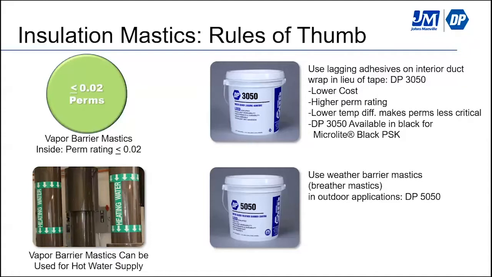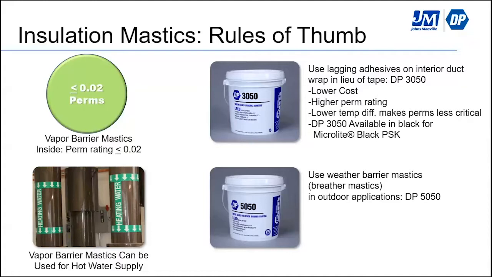Outside insulation, when you are using mastics, a weather barrier, and I like to always refer to it as a breather mastic, should be used. The whole concept when using mastic outdoors is that water some way, somehow is going to work its way underneath the insulation.